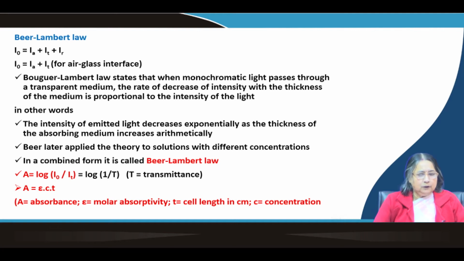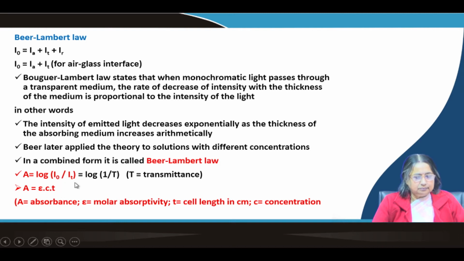Okay. So, according to this, it can be said in other words also, but according to this, we can say that A, which is nothing but log I0 by I_t, is proportional to t.